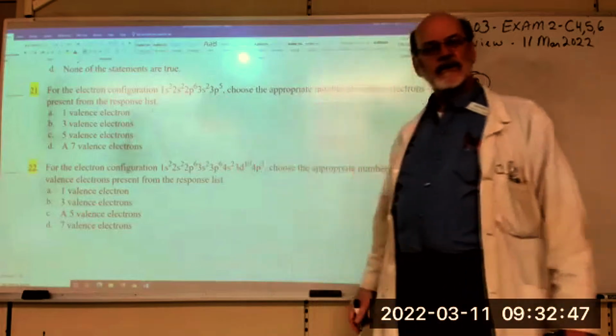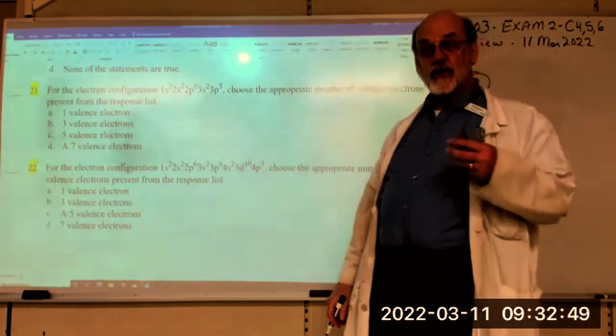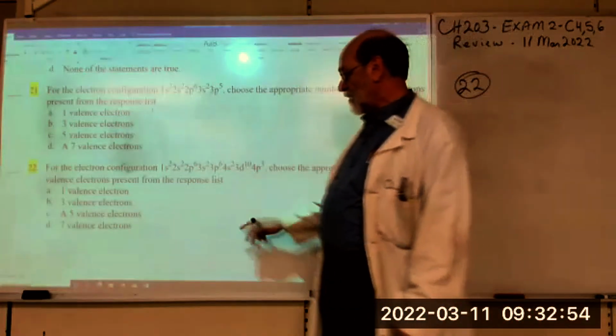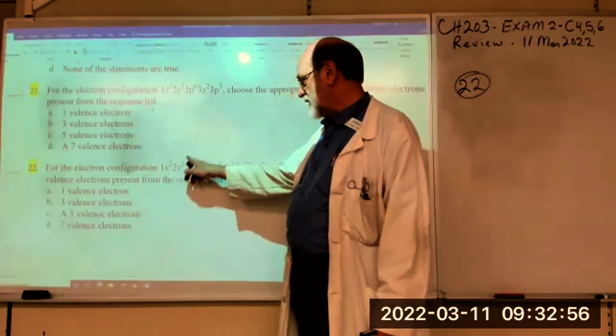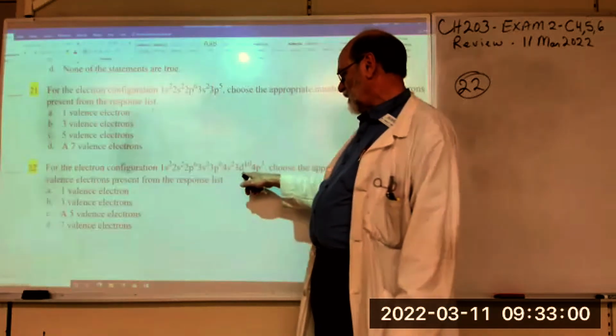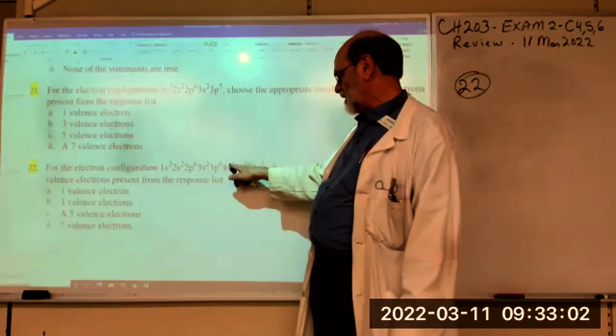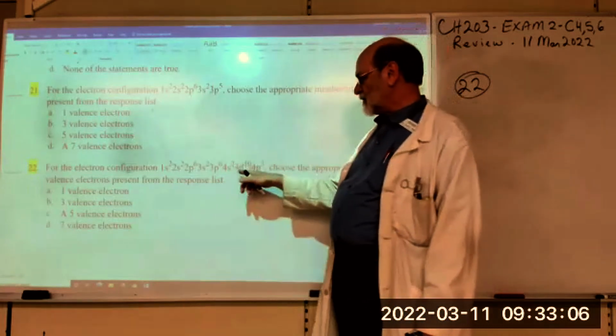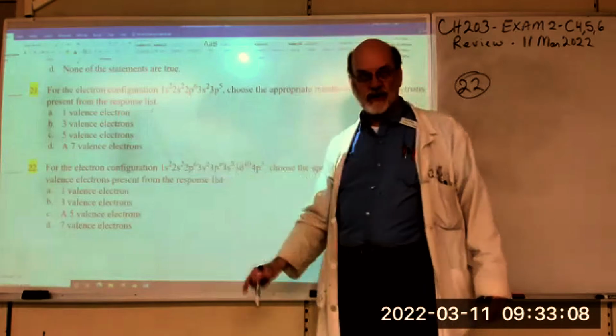Now, that seems counterintuitive or counter to what we've learned about the energy distribution of electrons, right? Because this is low, next high, next high, next high. You say, wait a minute, that was higher energy than this one. But by definition, the valence electrons have the highest principal quantum number.